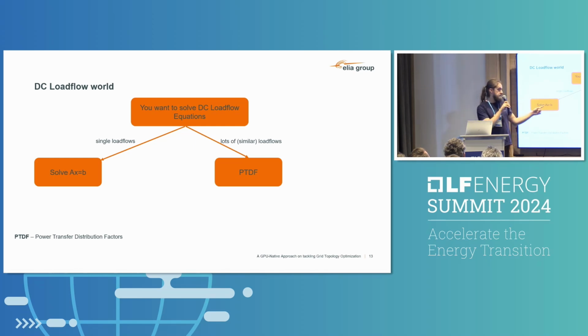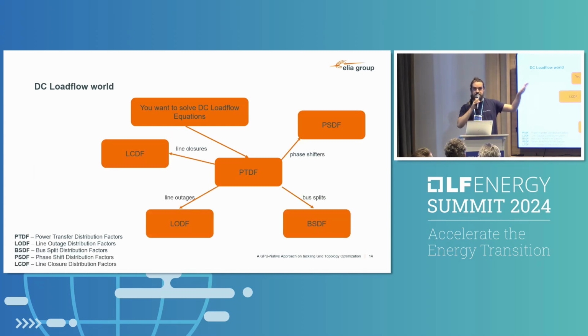Now, this is very suitable if you need one load flow, but we don't need one, we need a lot. And the idea back in the day was to invert this A matrix once, basically, and call it PTDF. And then you can solve a lot of load flows with similarities in it. And depending on how similar, there are various ideas around this.